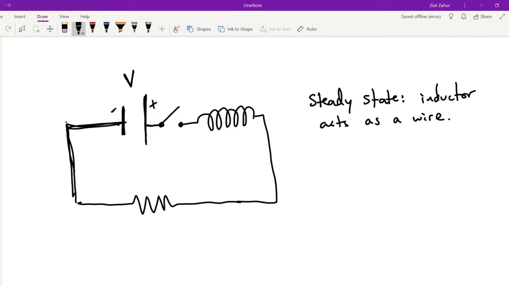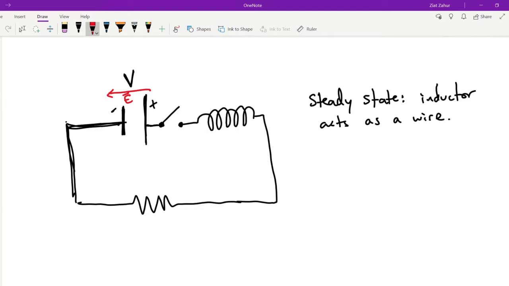So I'm going to change the epsilon to a V. Okay. Epsilon was the EMF. Okay.